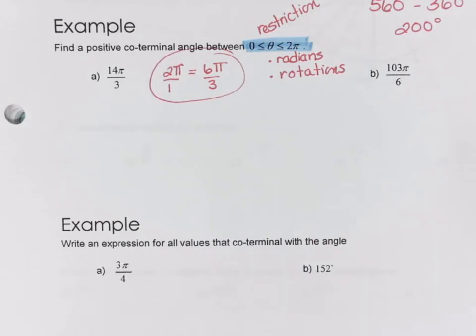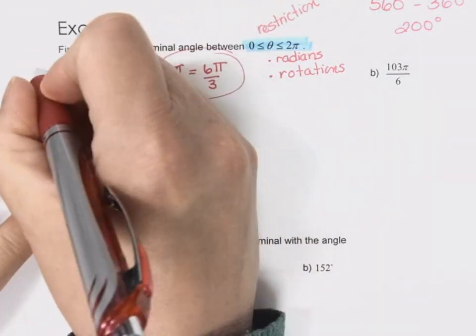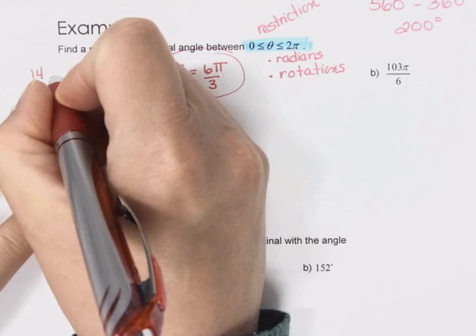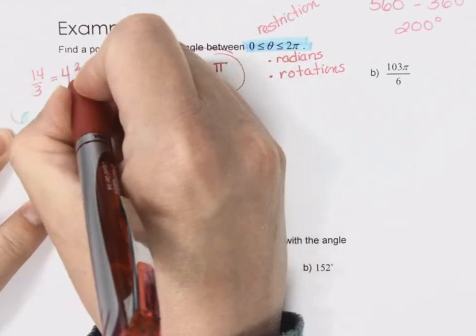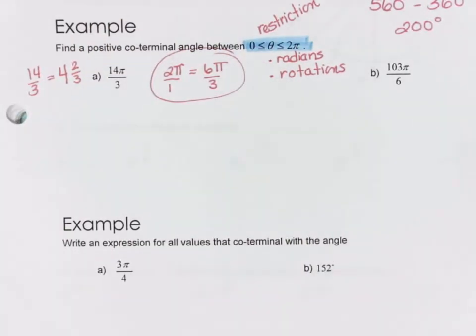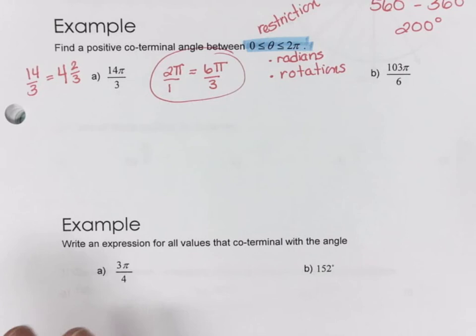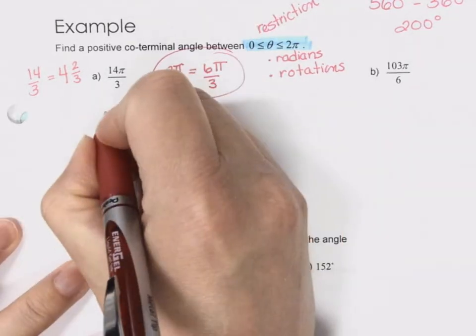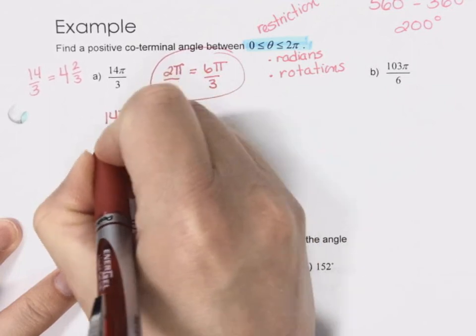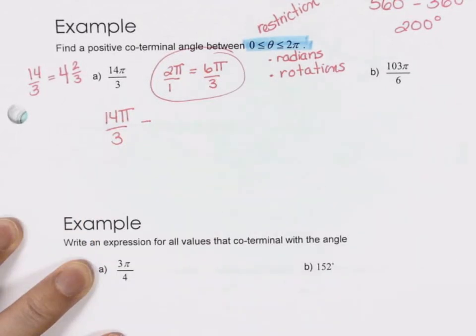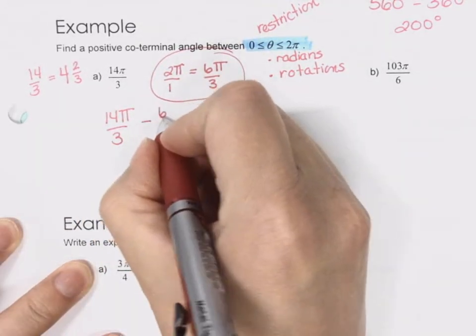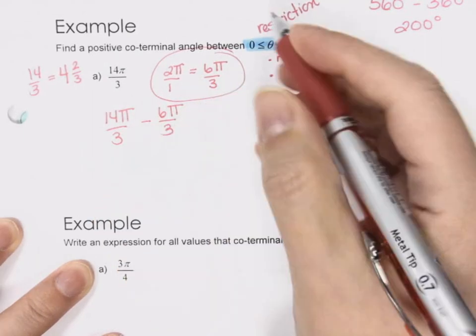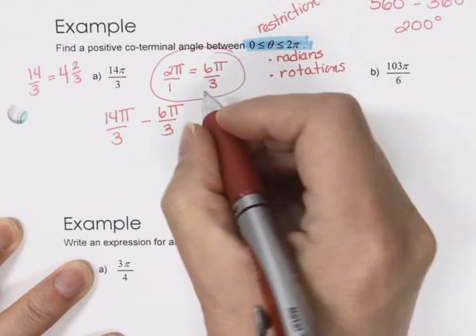We said 14 over 3 was equal to 4 2/3, right? That's what you guys said. So that means I can start pulling full rotations out. 14 pi over 3, I'm going to subtract a full rotation. And we said that a full rotation was 6 pi over 3. What does that give me?